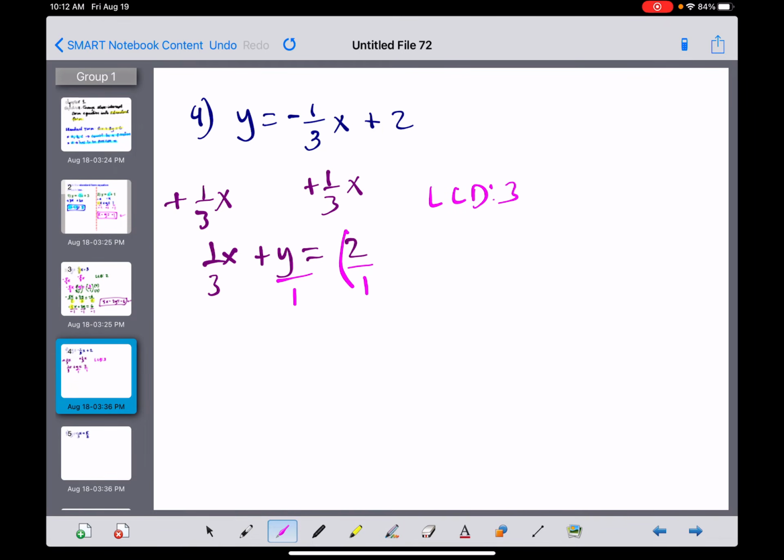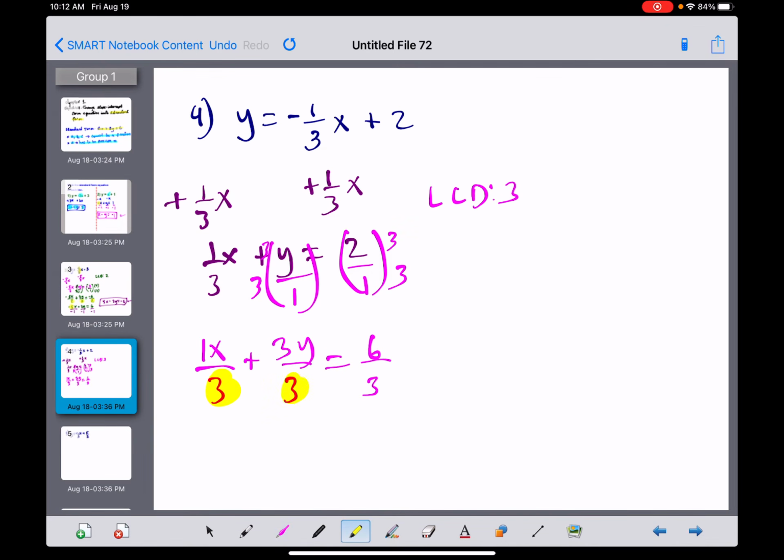That means I'm going to turn the 1 into a 3, so multiply by 3 top and bottom. Then 1x over 3 plus 3y over 3 equals 6 over 3. Since we have the same denominators, we can ignore them and bring down the top. And that's it, you're done. No fractions and a is positive. That's your standard form. Okay, moving on to number 5.